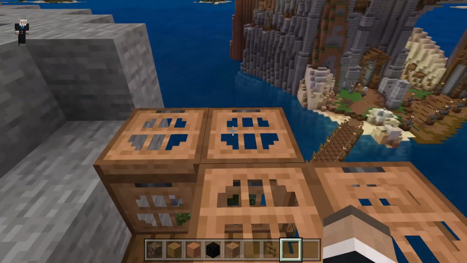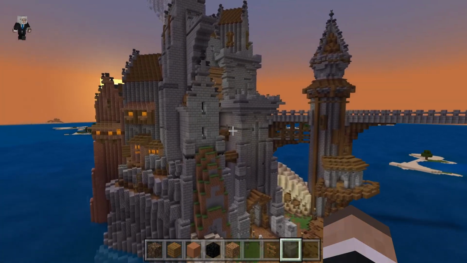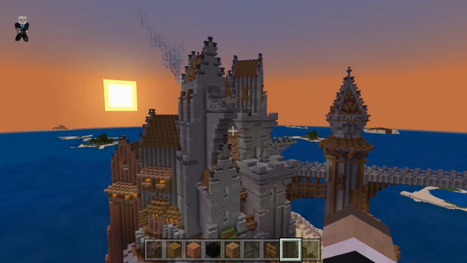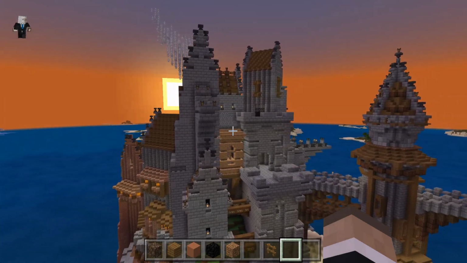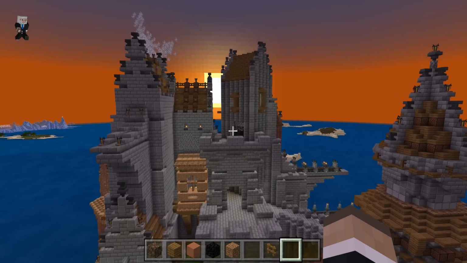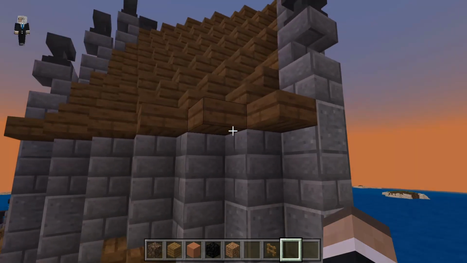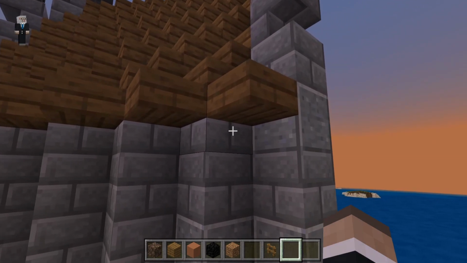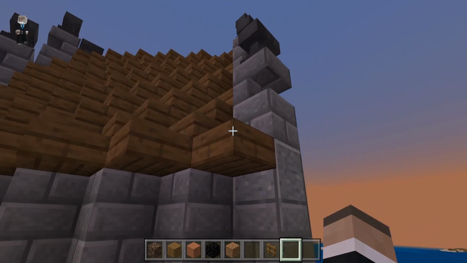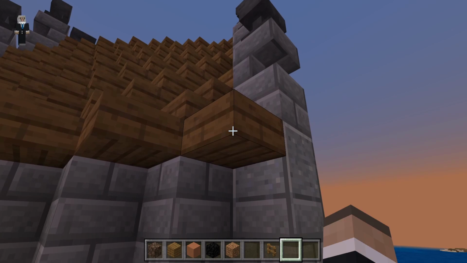So depth is something that a lot of people misunderstand because whenever you look at a building like this, I've had someone actually say that this building doesn't have enough depth. I didn't add enough depth. Because, for example, this wall right here technically has about 1.5 blocks of depth. Well, this is not 1.5.